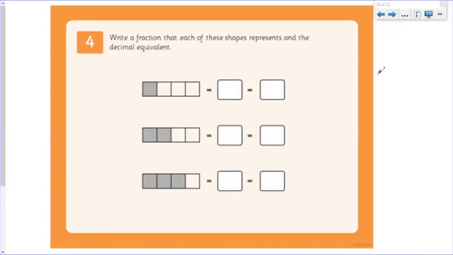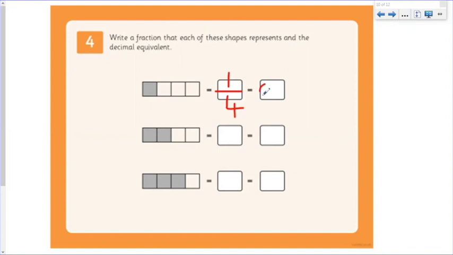And now pause this screen and have a go at this. All right, so write a fraction that each of these shapes represents and the decimal equivalent. Now I'm going to find it hard to write in this small box. I am sure that you have got this. So the fraction here is 1/4, because one of the 4 shapes is shaded.